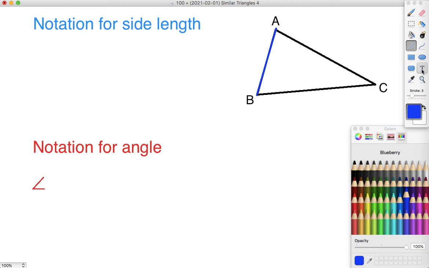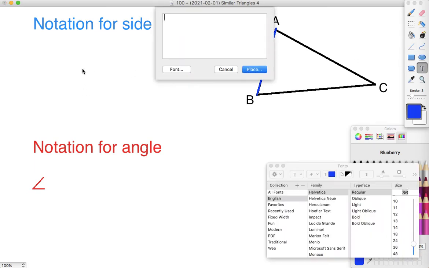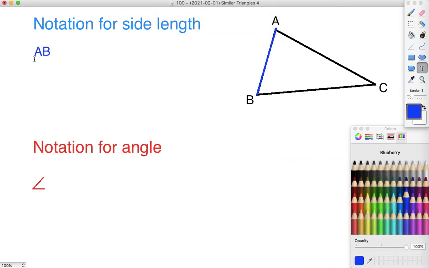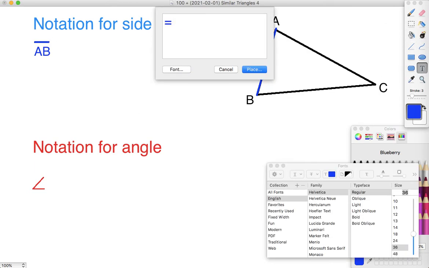What I would do is I would write that as AB, and then you put a little line on top of it. So that right there means the length from point A to point B.